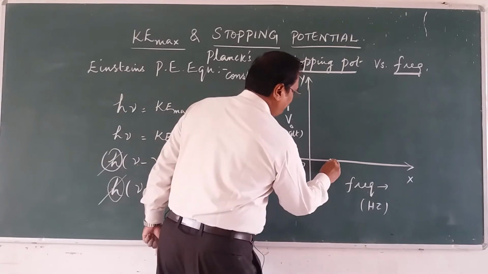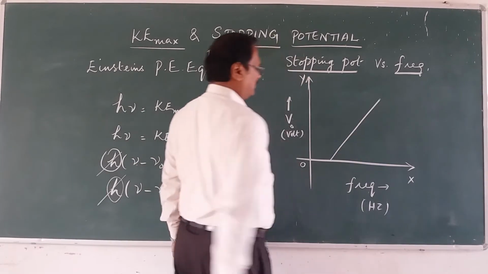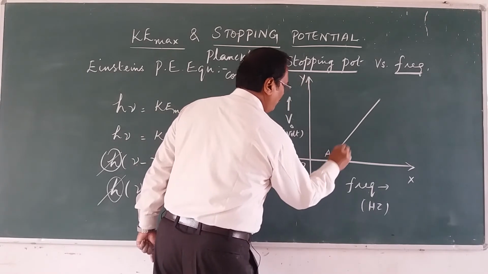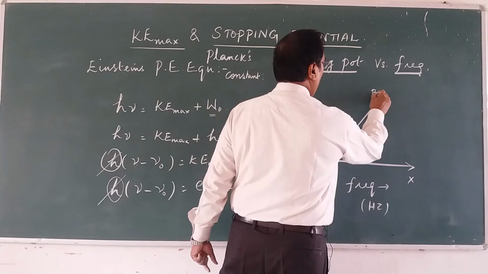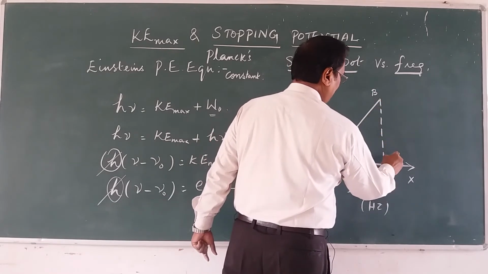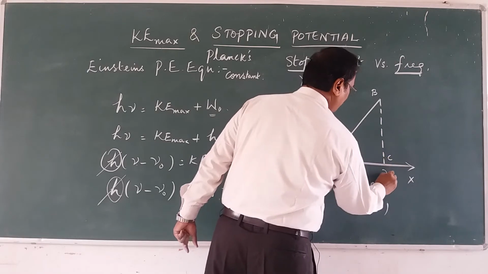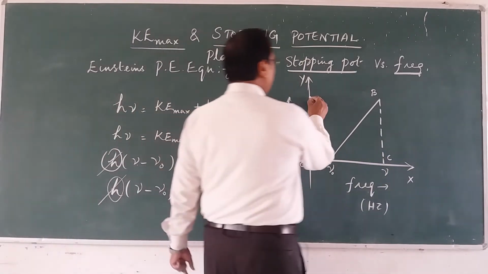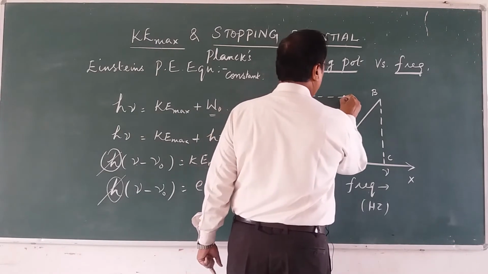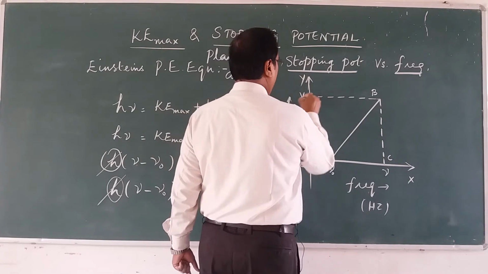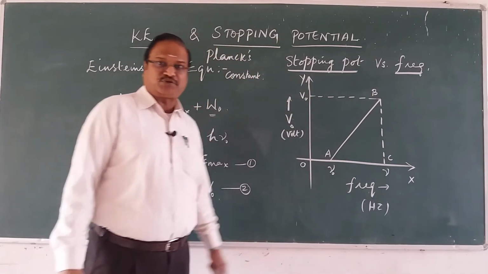Let us take, for example, again it will be a straight line, and let us say this is the minimum frequency, the threshold frequency, point A, and this is point B. We will drop a normal as usual, and this is the point C, the frequency where it is taking place, that is nu, and the potential at this point is the stopping potential, the value for a particular emitter.